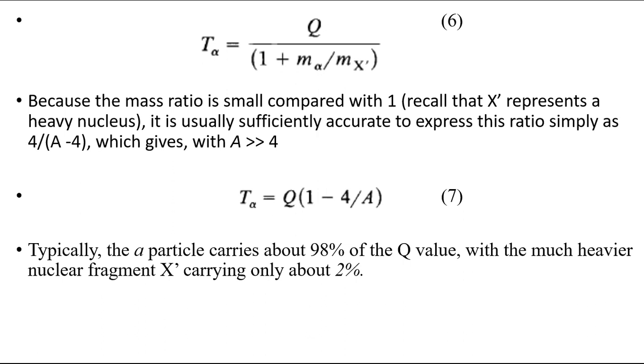By writing this in equation number 6, converting m alpha over mx prime into 4 over A minus 4, we end up with equation number 7. So by just finding the A number of the daughter nucleus, we can find the kinetic energy of the alpha particle, which is about 98% of the Q value, and just 2% of the remainder will be carried by the X prime daughter nucleus.